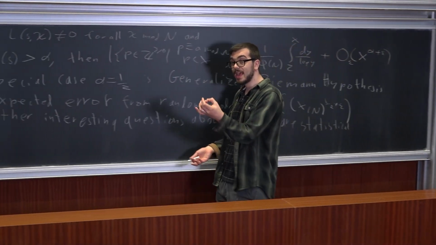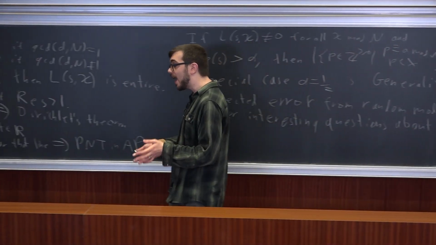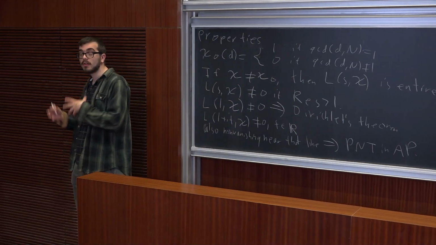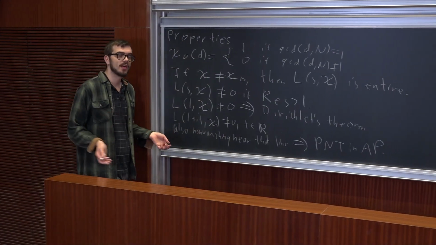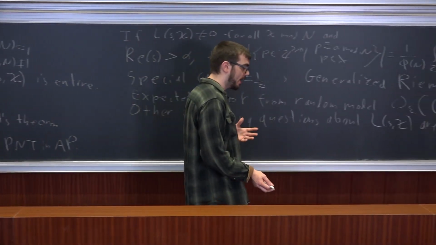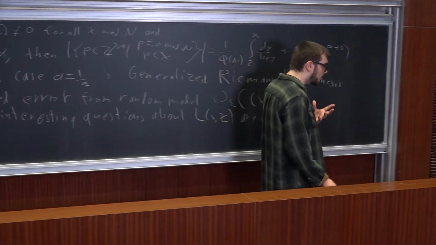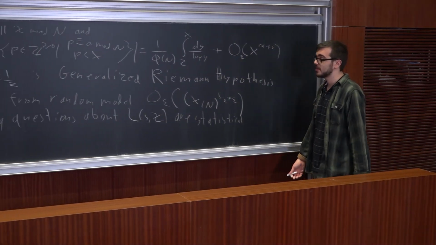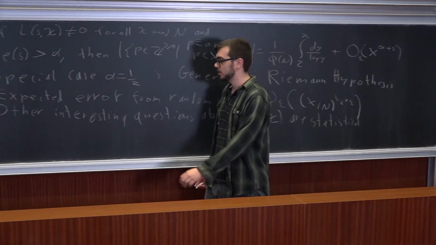Or at the same point, for many different chi, how does this function behave as chi varies? What happens on average over chi? And there are many kind of fruitful questions about the L functions that have this statistical nature.